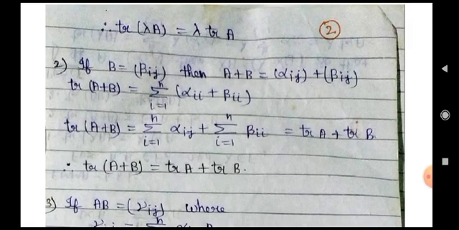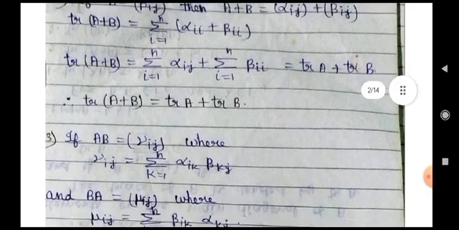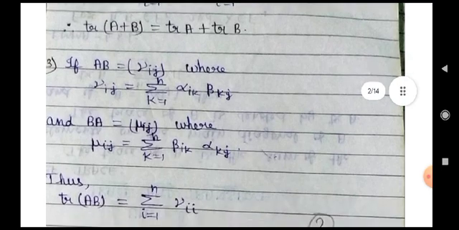We can apply the summation for alpha ii and beta ii separately, which equals summation i equals 1 to n alpha ii plus summation i equals 1 to n beta ii, which equals trace of A plus trace of B.